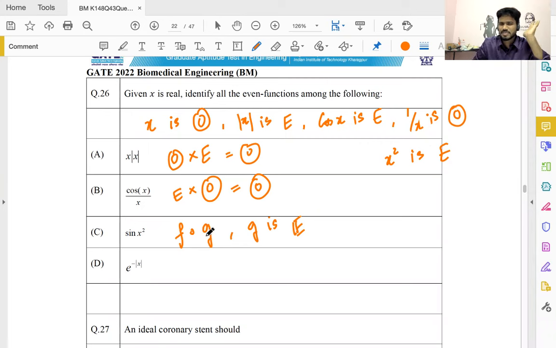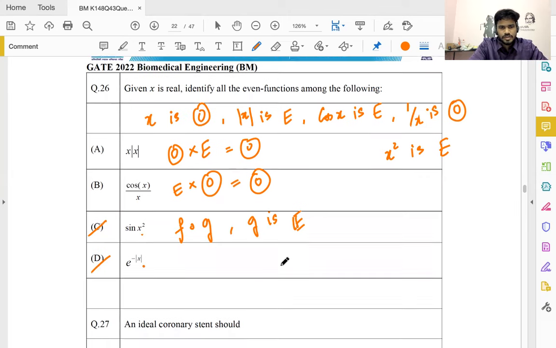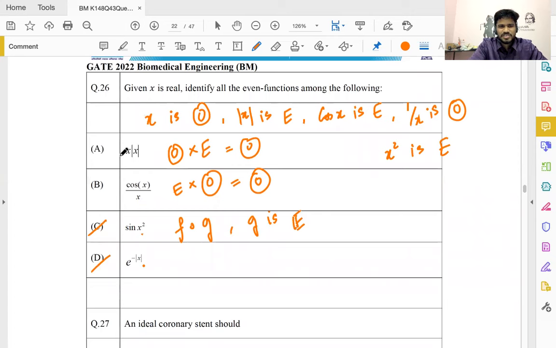F can be anything as far as g is even. F composited on g should be even. There is no difference between plus x and minus x here as well as here. So that makes this even, this even. Yeah, if you want to substitute, use the definitions of even and odd, you could do that. You could actually use the definition. Substitute minus x, you get negative or the same number.